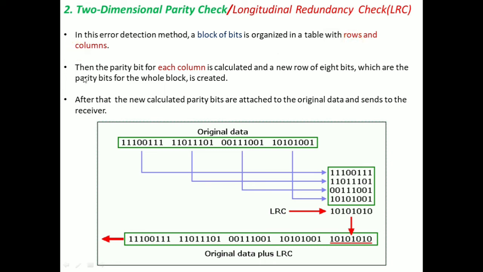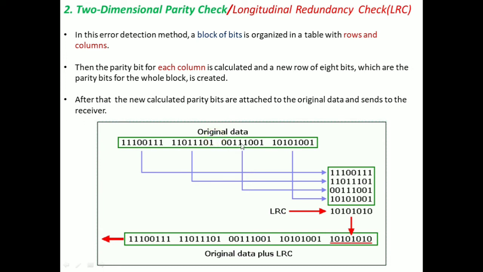Then, as a second step, the parity bit for each column is calculated and a new row of 8 bits is generated, which is the parity for the whole block. After calculating, these new parity bits are attached to the original data and sent to the receiver.